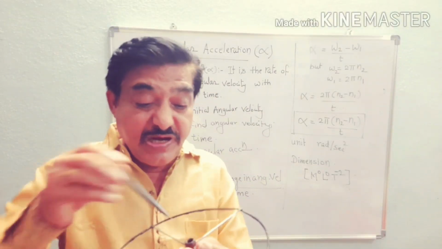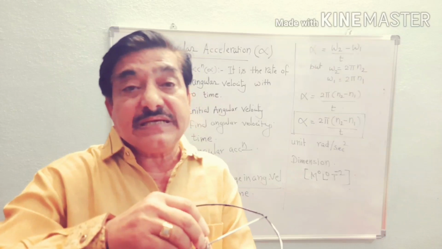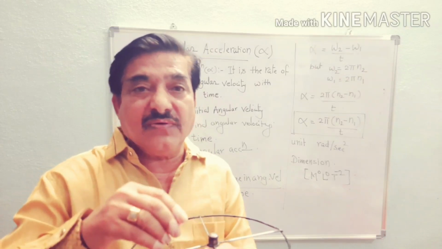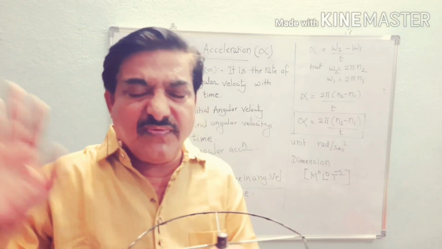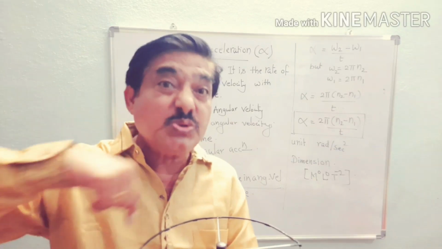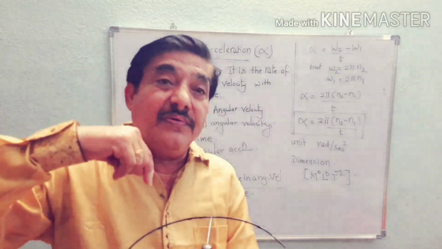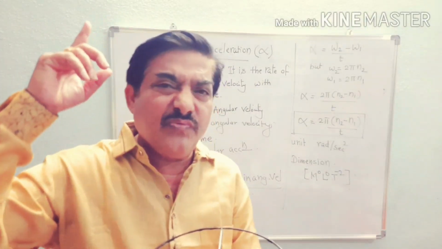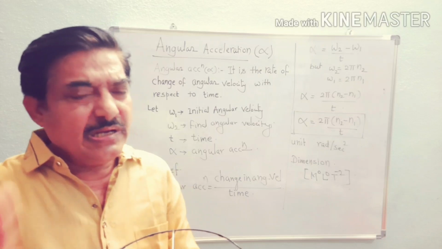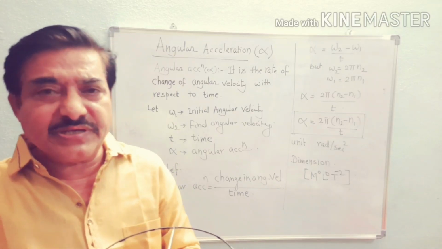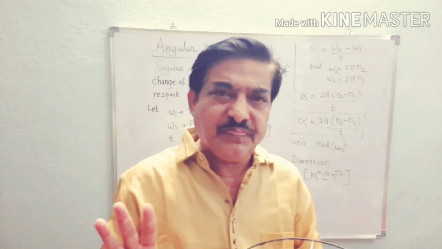And when the speed of revolution decreases, as in the case of switching off of the fan, after switching off of the fan, its speed goes on decreasing. Whether that fan is revolving in a clockwise direction or anti-clockwise direction, it does not make any difference.